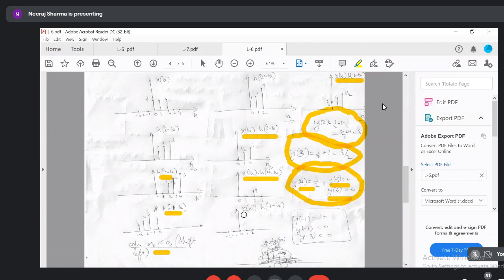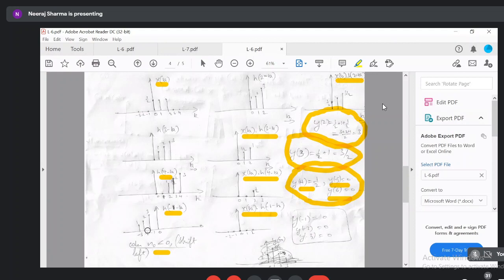Step number 4 says that find the product of x[k] with h[-1 minus k], or h[n naught minus k], when n naught is lesser than 0. So all the samples will be equal to 0, because when you multiply this h[-1 minus k] with this x[k], which is starting from 0 and ending at 2, whereas h[-1 minus k] is completely a left-sided sequence. It starts from k is equal to -1 and ends at -3.